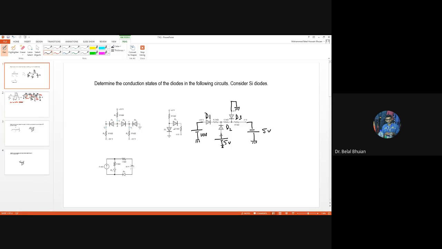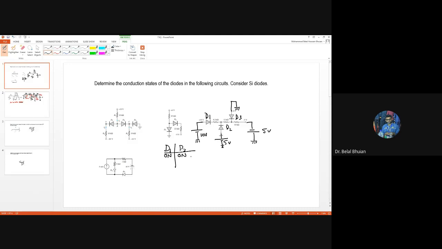In order to find out the conduction state of each diode, you have to do the whole calculation, then you make the final decisions. Before you start calculating, there are always possibilities. If there are two diodes, D1 and D2, there are four possibilities. Either both the diodes are on.